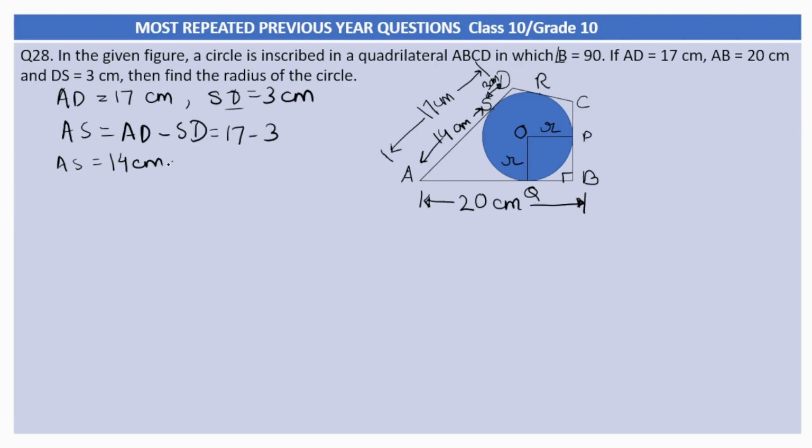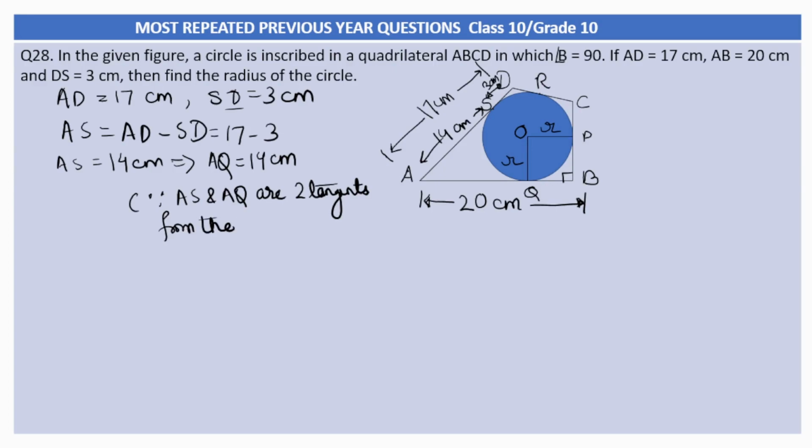Why? Since AS and AQ are 2 tangents from the same external point A. This is the theorem that we have studied.